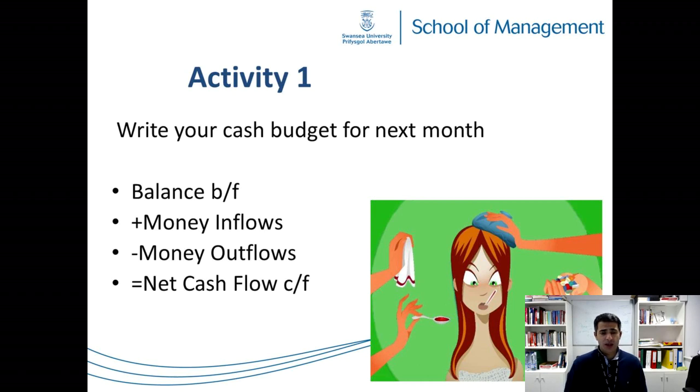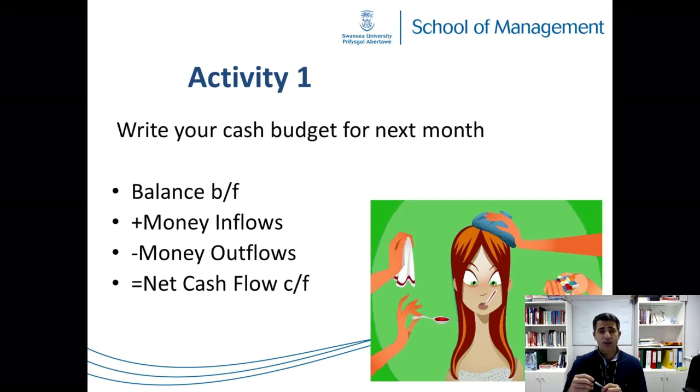Then you add up the money inflows, including any income you will receive, such as salaries, family support, wages, anything you will receive during the next month.